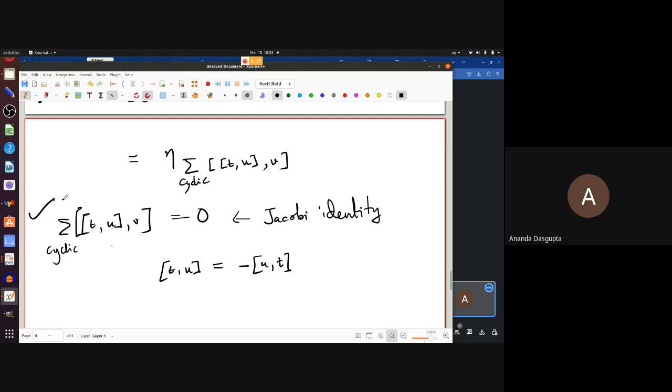Very often we don't even bother about the underlying Lie group. We look at the properties of the Lie algebra to really talk about most of the physical features.